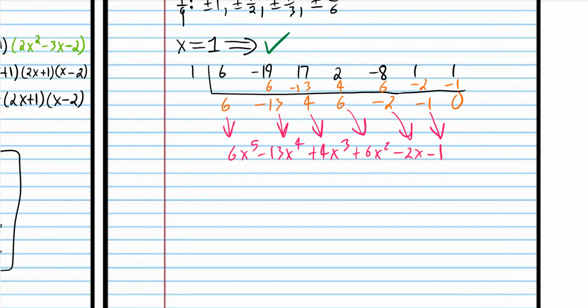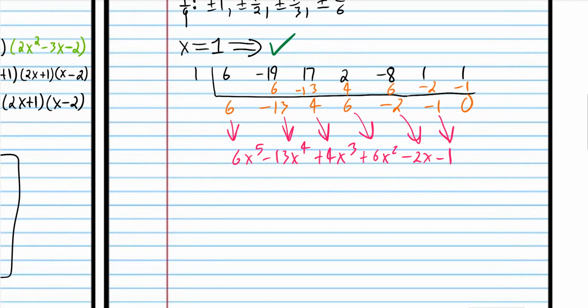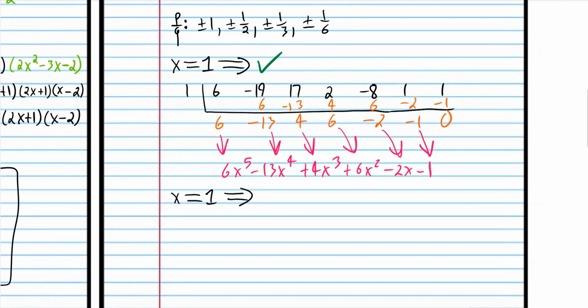Okay, so now we're going to check for repeated zeros. So we're going to check x equals 1 again. But now we're going to plug in here.